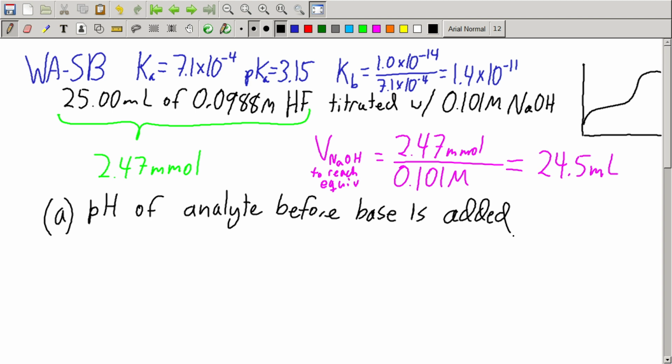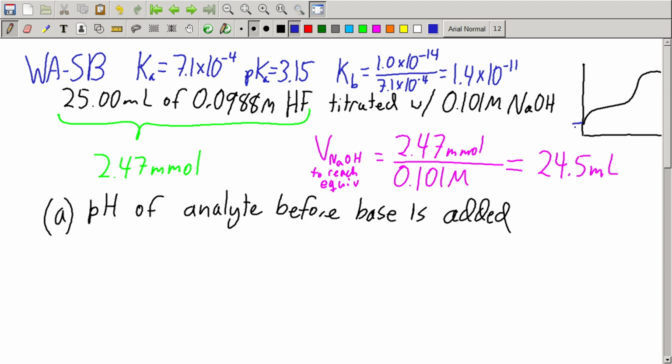What kind of solution is it? Strong acid, strong base, weak acid, weak base, or buffer? If I have a 0.0988 molar solution of HF, which one of those is it? Strong acid, strong base, weak acid, weak base, buffer. Which one? Yeah, it's a weak acid solution.